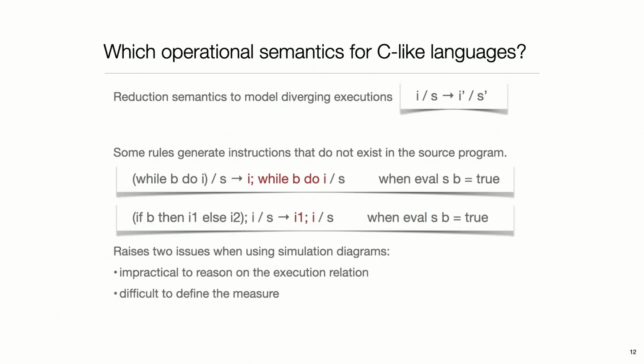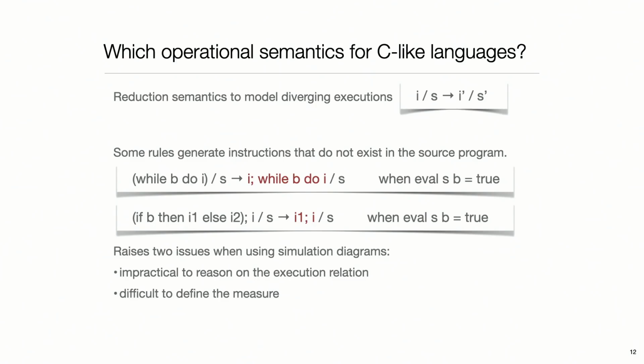So we are in the situation where in the source semantics, some rules generate instructions that do not exist in the source program. For instance, to describe the execution of a loop whose condition evaluates to true, we unfold the loop. And so this generates the sequence body of the loop followed by the loop, that does not exist in the source program.